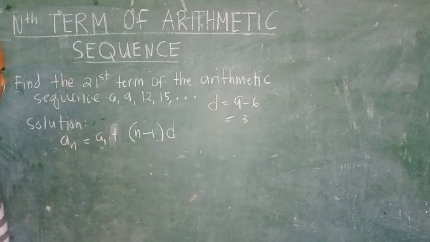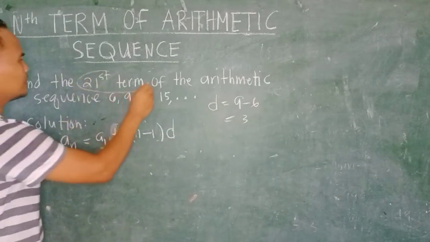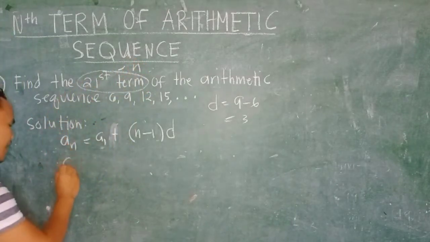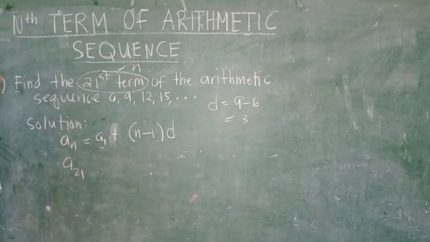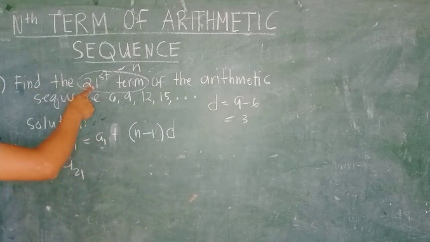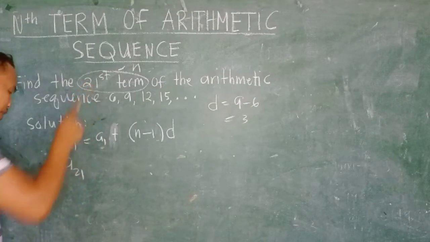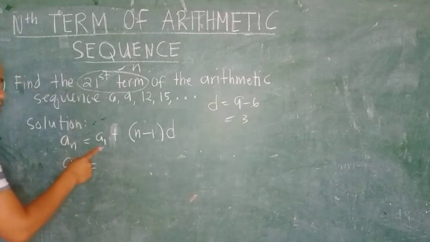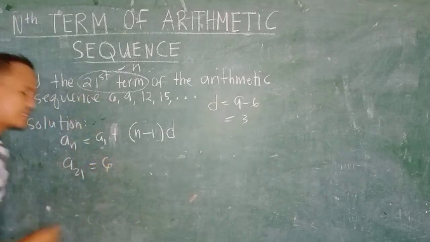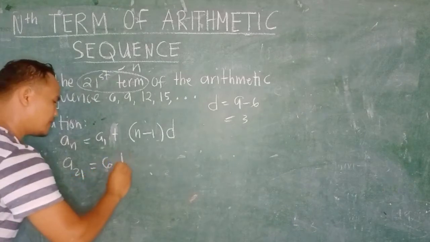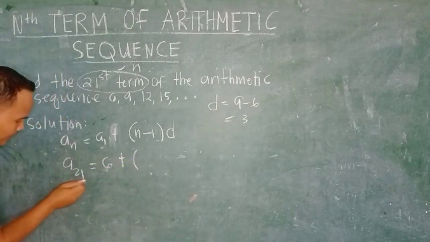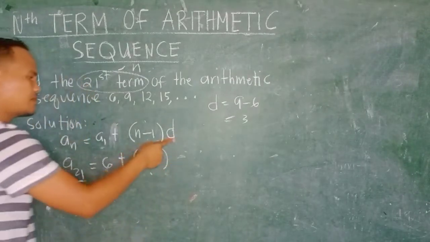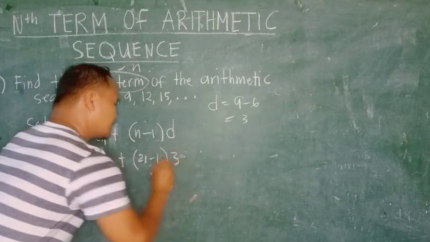What is asked in the problem? The 21st term. Here, this is the number of terms. So we have a sub 21, because we're asked to find the 21st term. So we have, the 21st term equals, the first term is 6, plus. So here, n is 21. So 21 minus 1 times the common difference, 3.